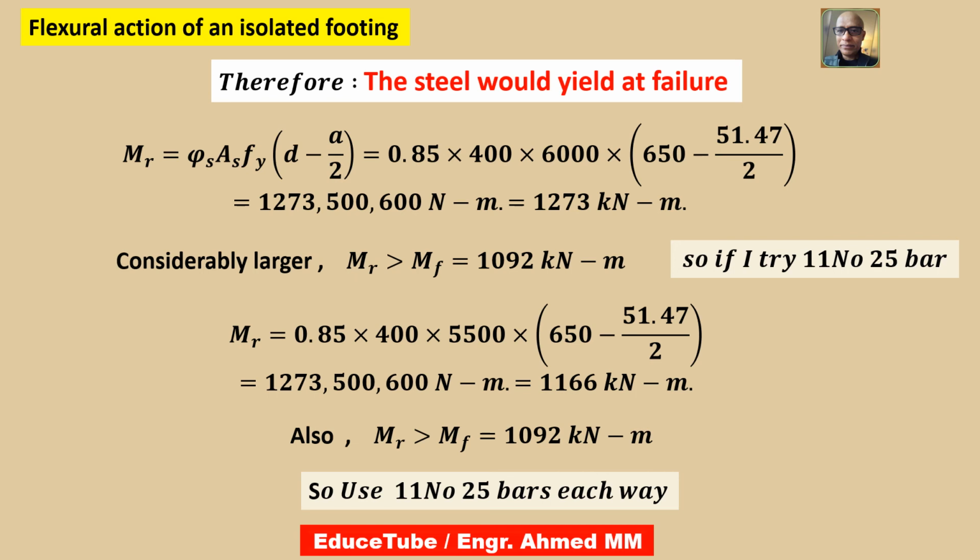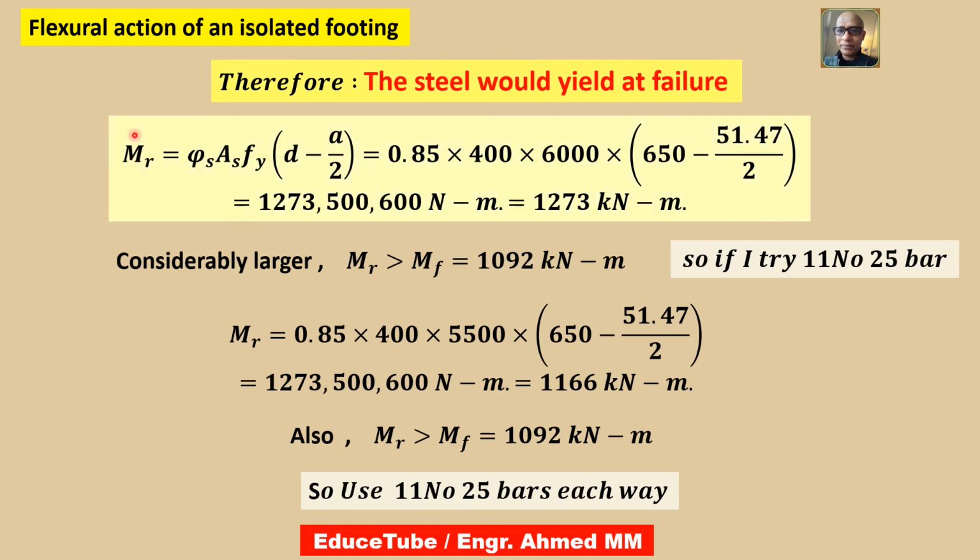Therefore, steel would yield at failure. What I said in the previous slide at the end, steel would yield at failure. That was our requirement. Now we have to find the factored moment resistance of the section. We'll use this equation.